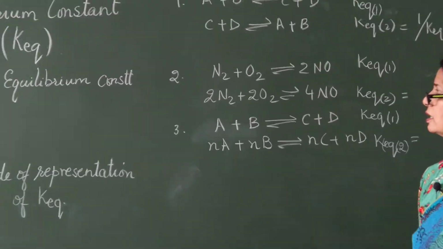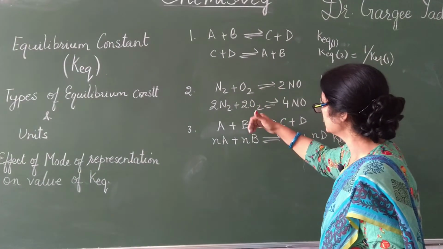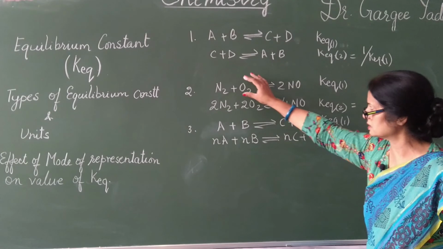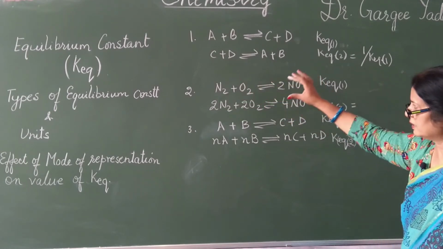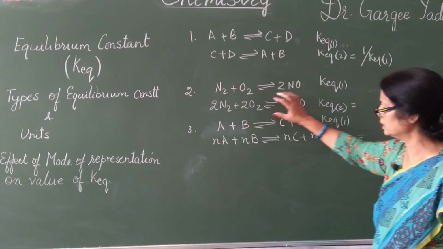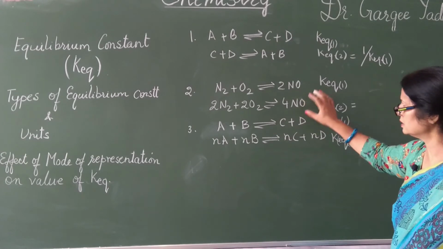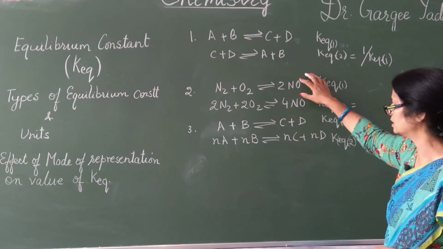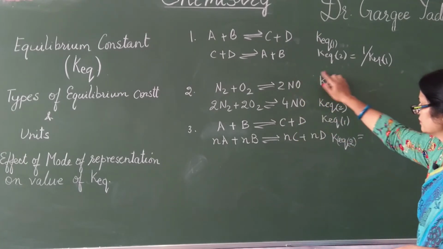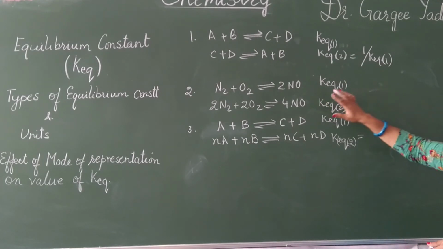Now come to another case in which the stoichiometry is double. So in this case, what will happen? Suppose this is the equilibrium constant for this reaction.